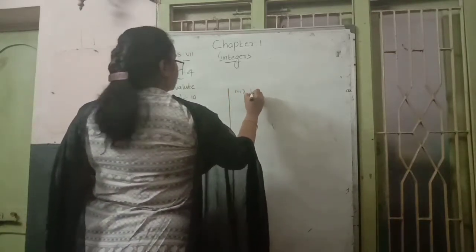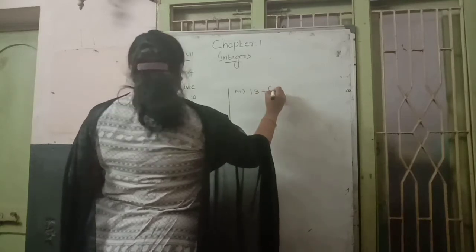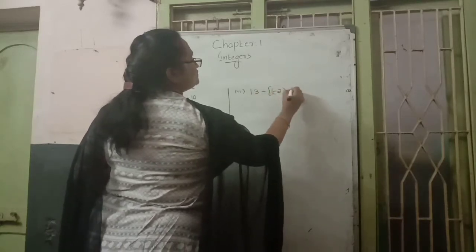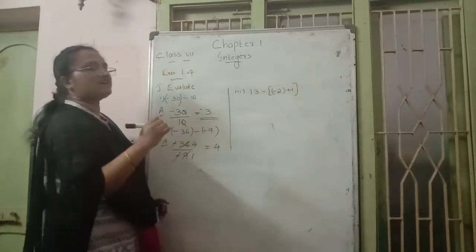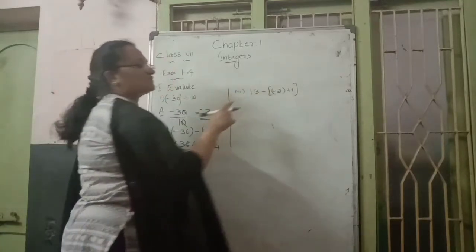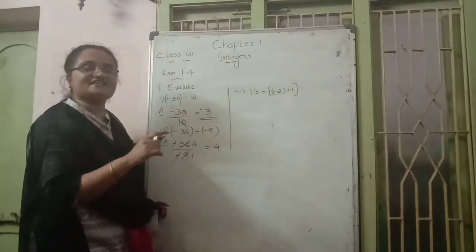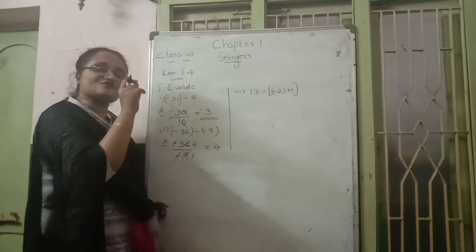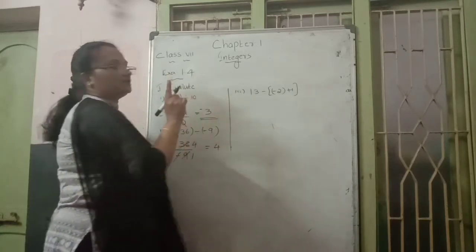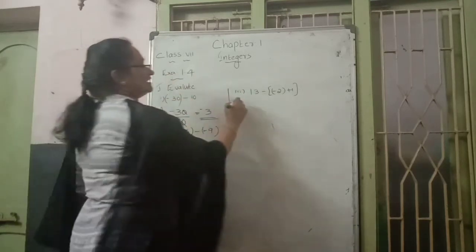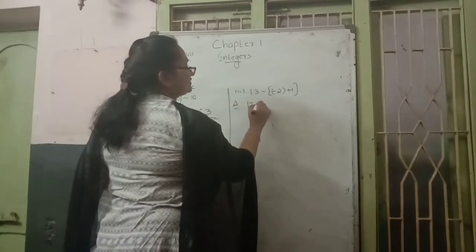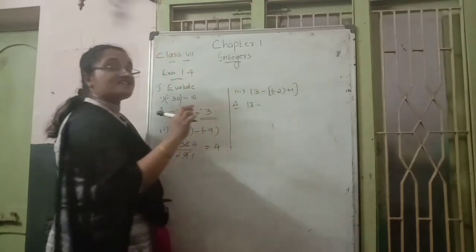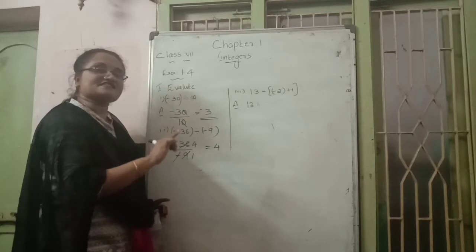Next, the third question: 13 divided by the bracket of minus 2 plus 1. Always give preference to the bracket calculation first, then calculate with the outside number. So 13 is divided by the inside bracket, minus 2 plus 1.